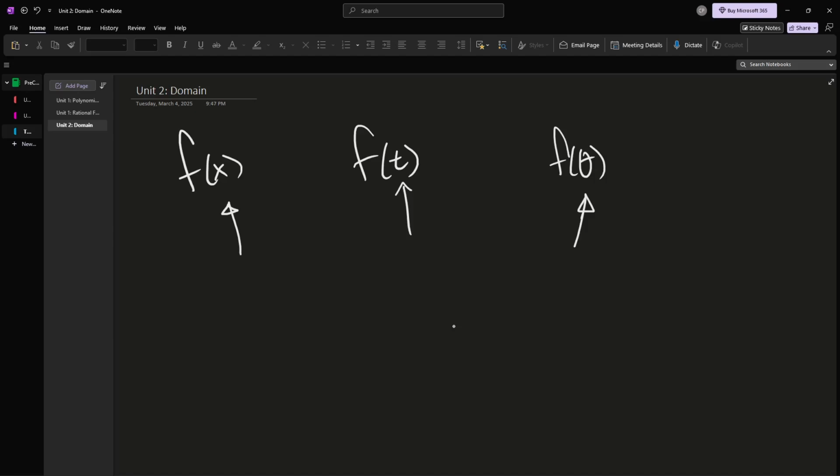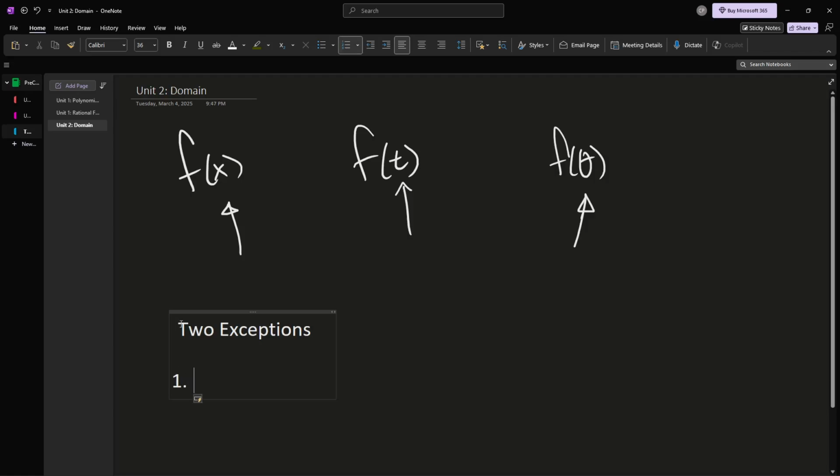In order to find my domain, all you have to care for are two major exceptions. The two exceptions that we have learned in this class: one is square root of a negative, that does not work.